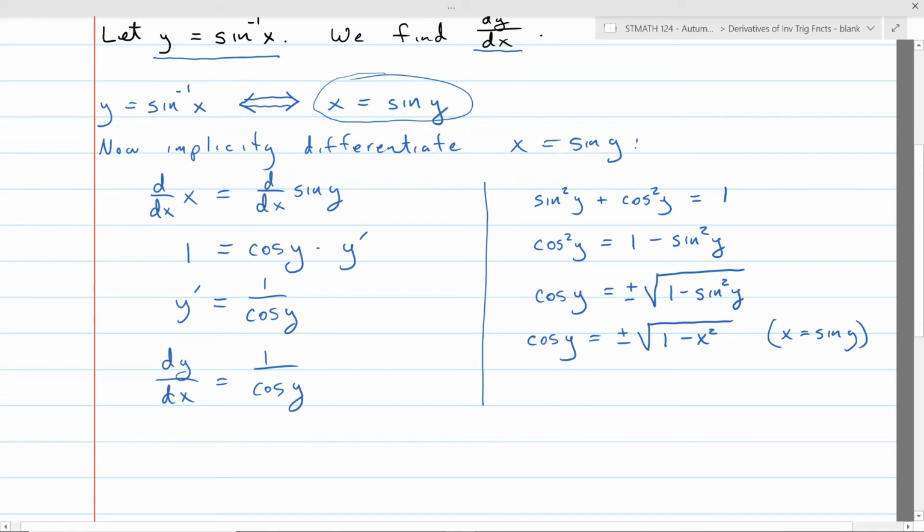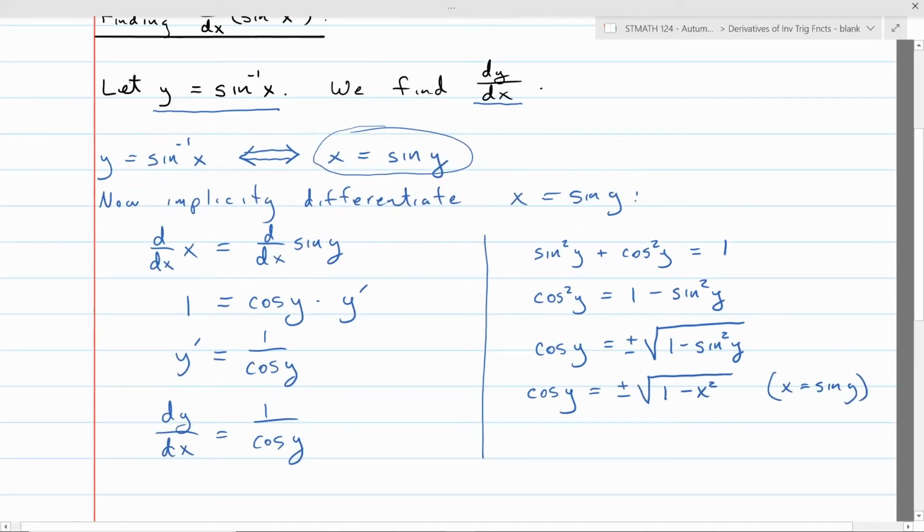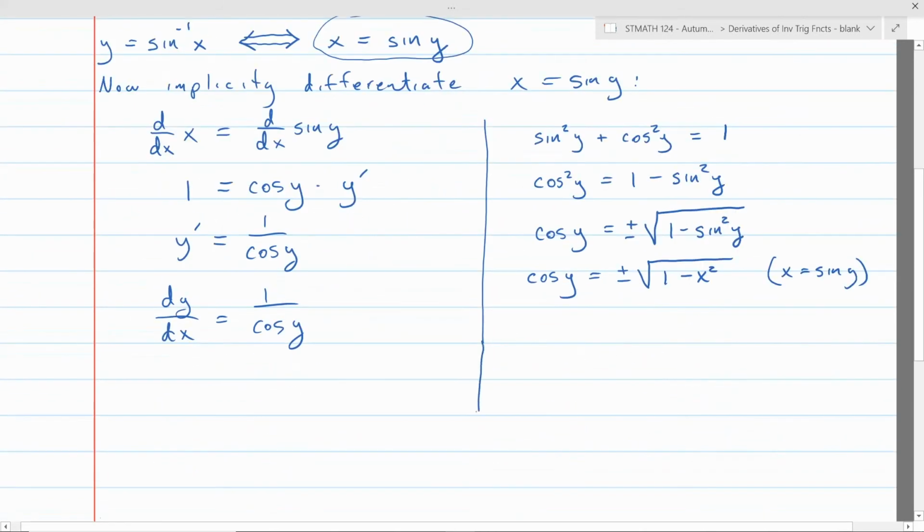And now there's just one last little issue we need to think about. We've got to think about the sign in front. We got a plus and minus in front of this radical. I want to know whether it should be plus or whether it should be minus. We know that when we're thinking about inverse functions, there's restrictions on the domains, right?